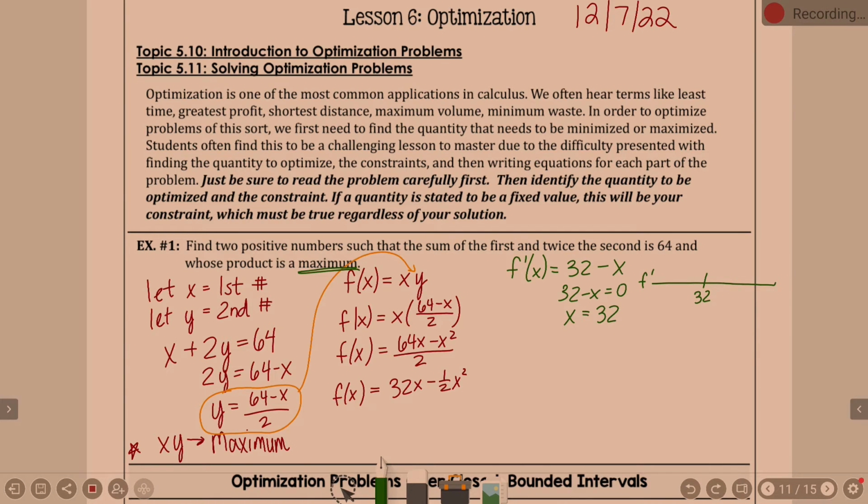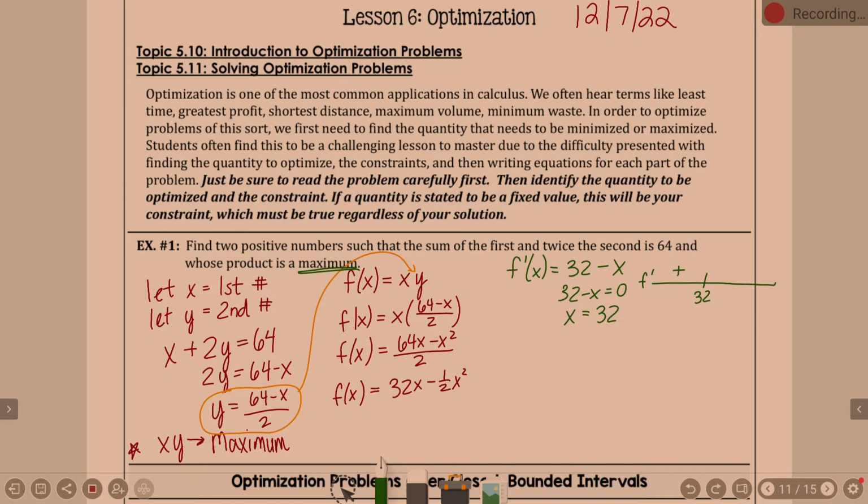Plug a number smaller than 32 in. Well, nope, wait. Let's look at the derivative. 32 minus any number smaller than it is going to be a positive.